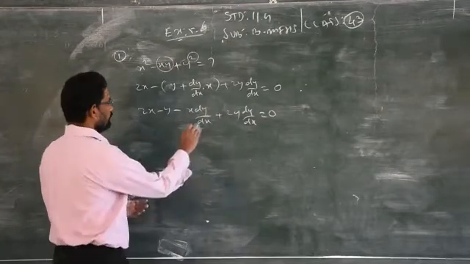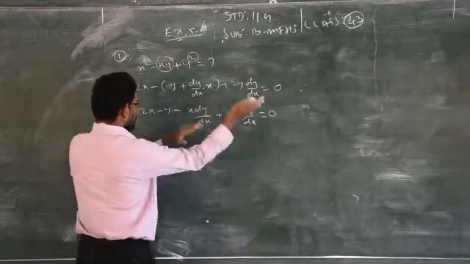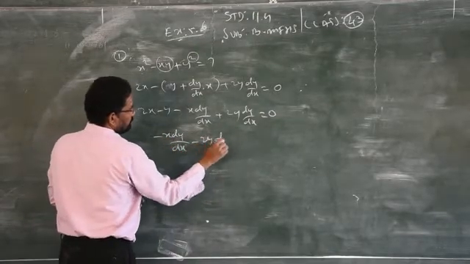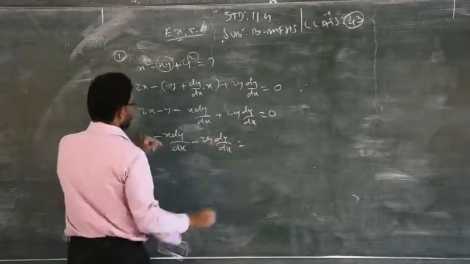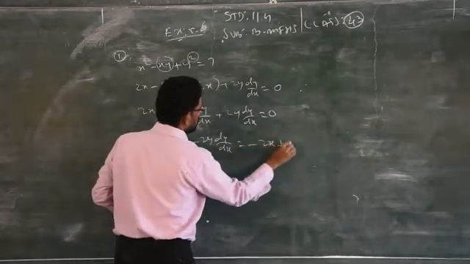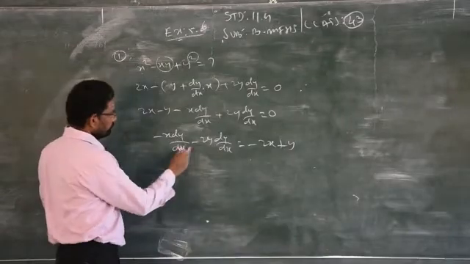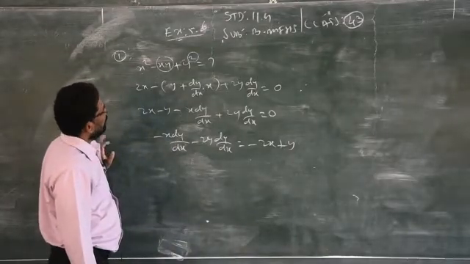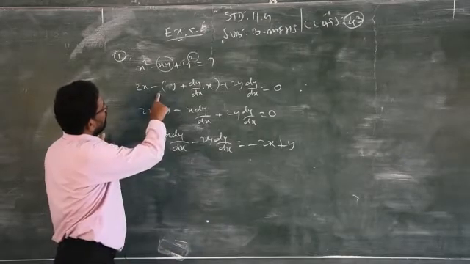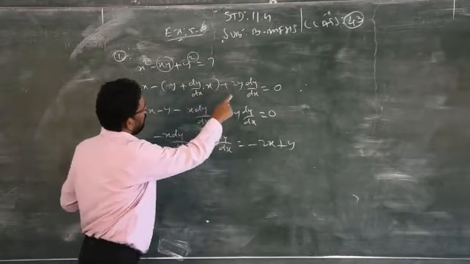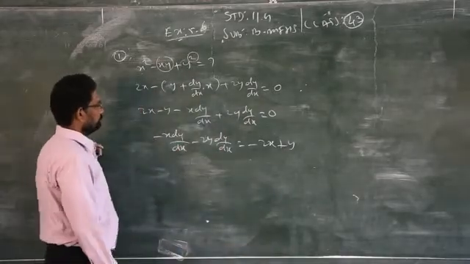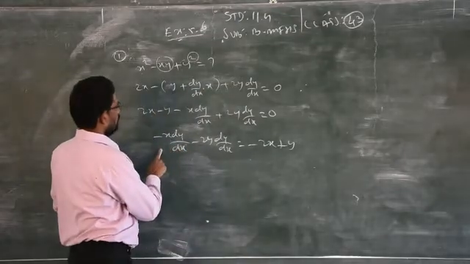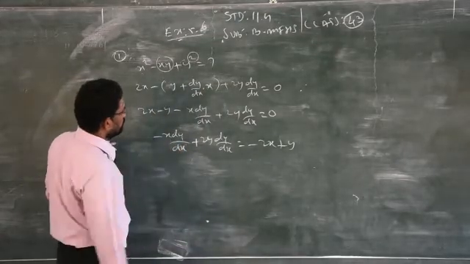Now we want to find only the value of dy by dx. So retain dy by dx of these two terms as they are, and transfer the remaining to the right hand side. So you will get minus 2x plus y. What is the common factor of these two? dy by dx.